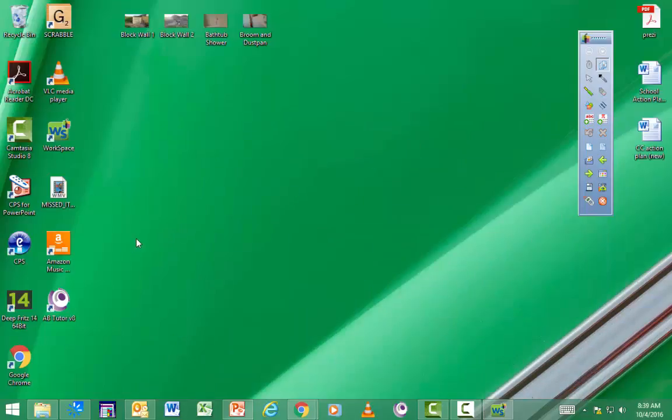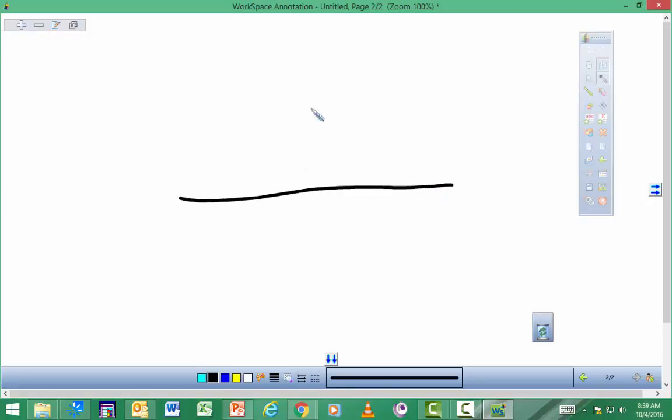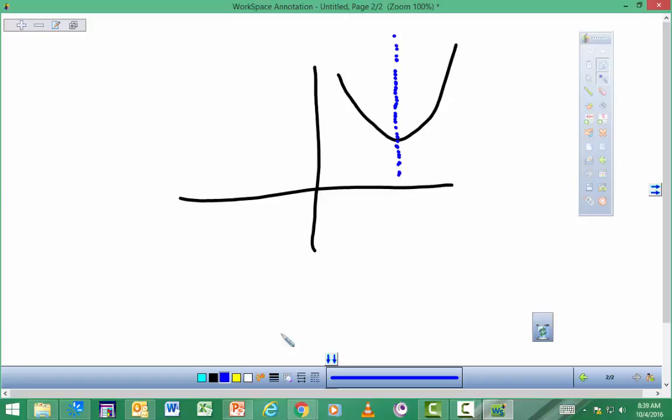And so a parabola also has what's called a focus point. So if you were to graph a parabola, we've seen in the past that they have an axis of symmetry, right? It goes right down the middle. When we do parabolas today, they will still have that axis of symmetry.